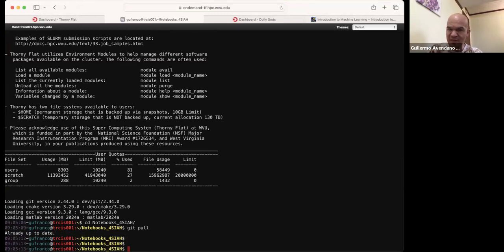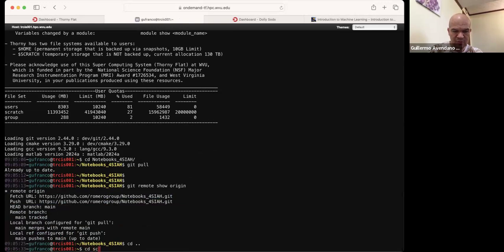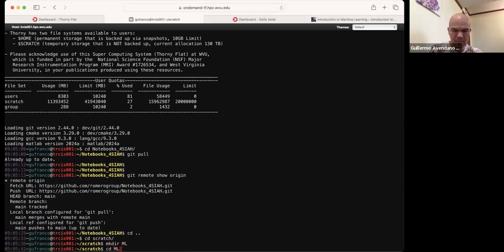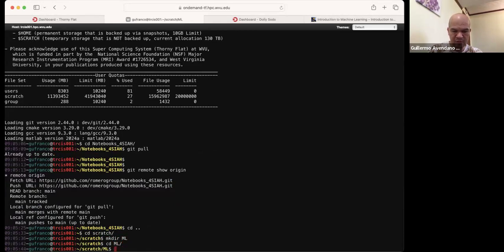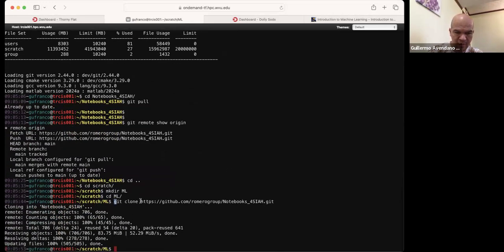The content of the material is in this repository, so I will be copying the git command. For example, in the Scratch, it's git clone this. I will be copying this link for all the notebooks.